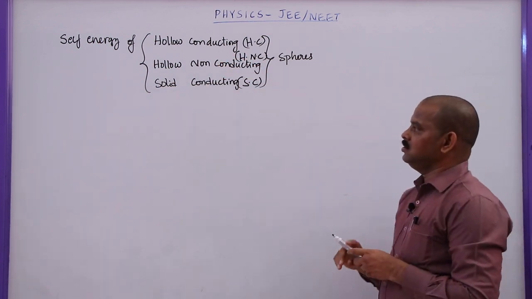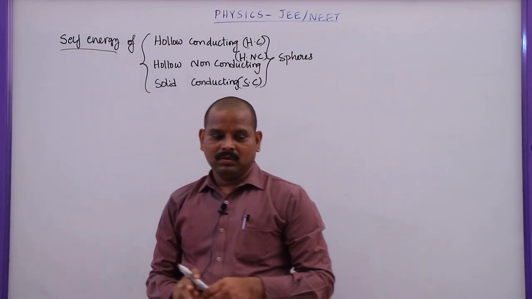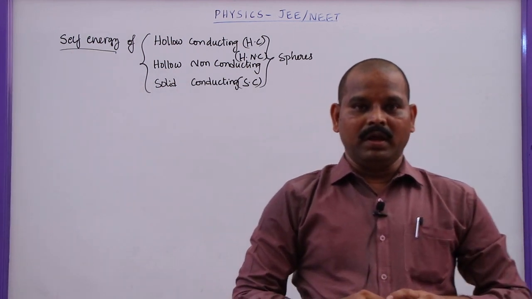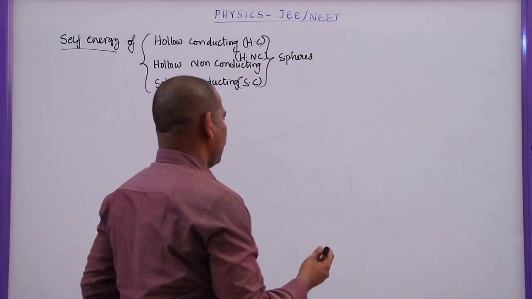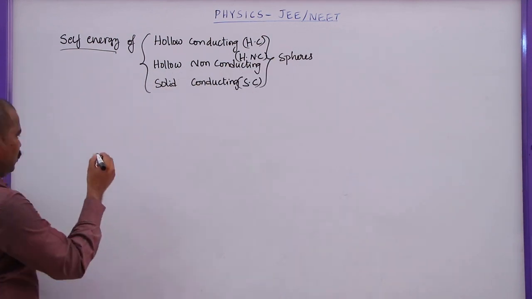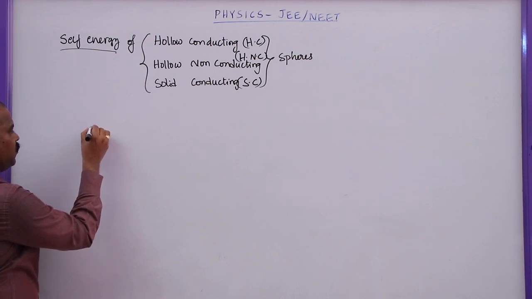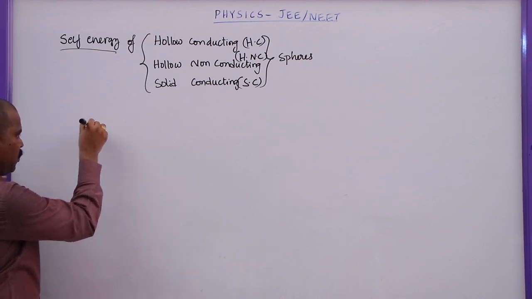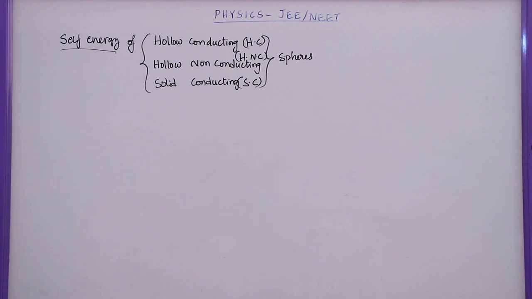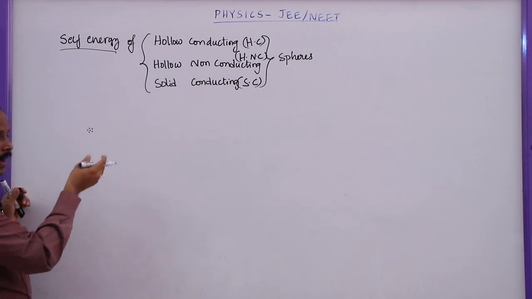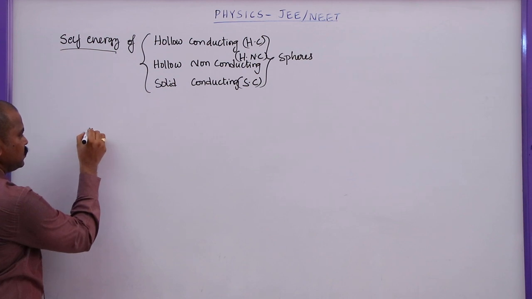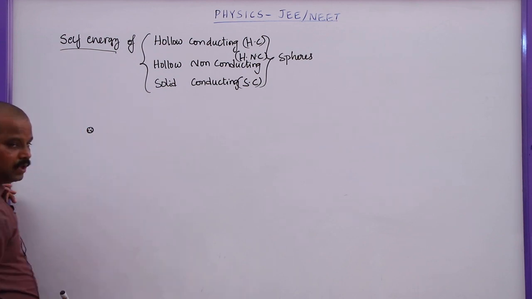Now, what is this self energy? The self energy is nothing but the work done to arrange the charges in a sphere. Let me take one charge Q here. At that point the charge initially will be very small, but if we add some more charges, gradually we will get a small spherical body.